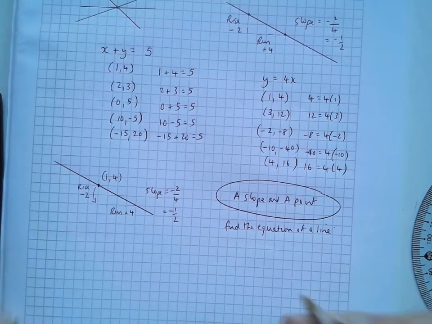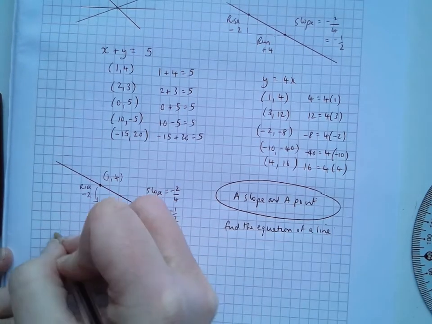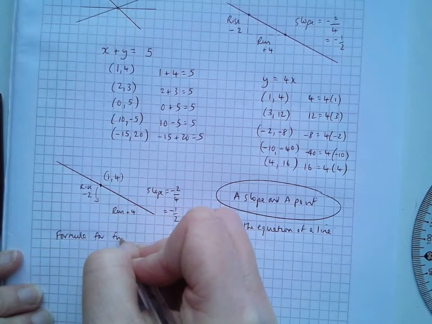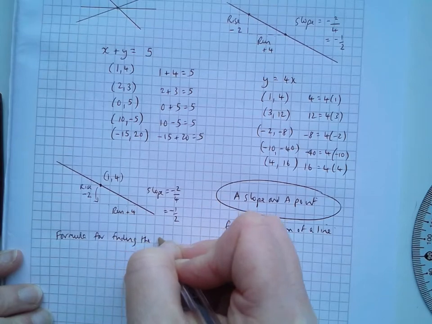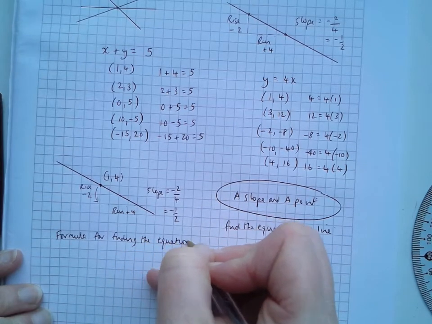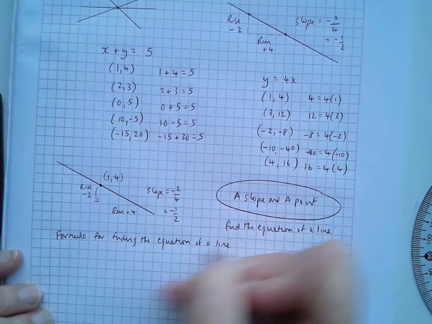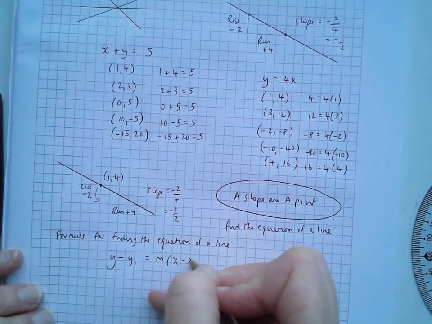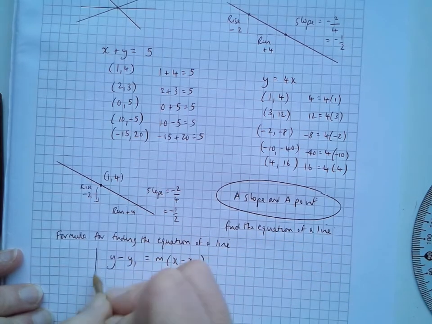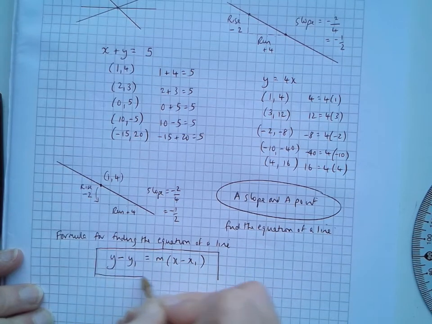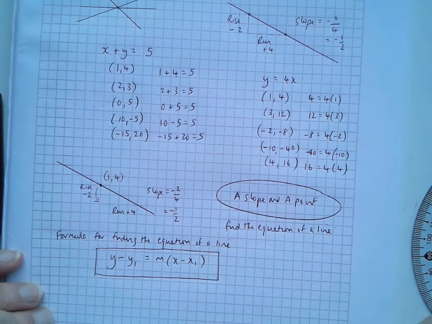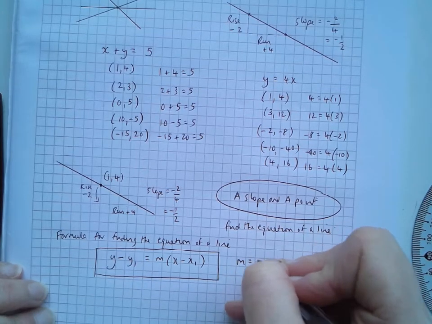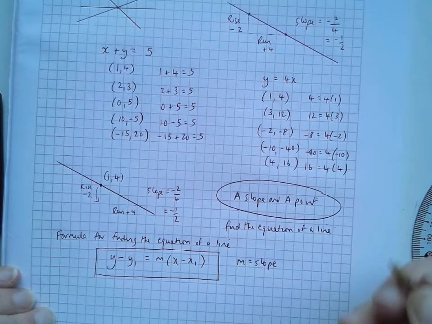And our formula for finding the equation of a line is based on that. It is y minus y1 is equal to m times x minus x1. Now, let's unpack what these y, y1, m, x and x1 are. You may know from before that m refers to the slope.